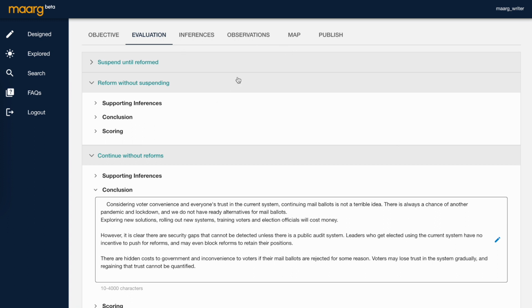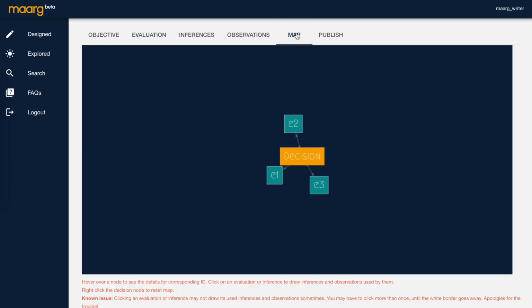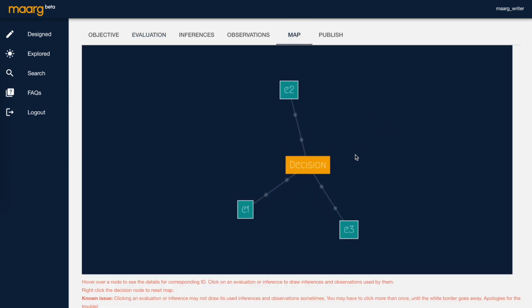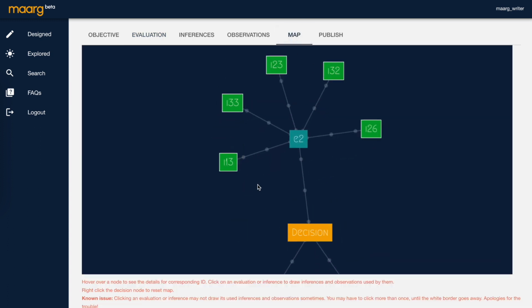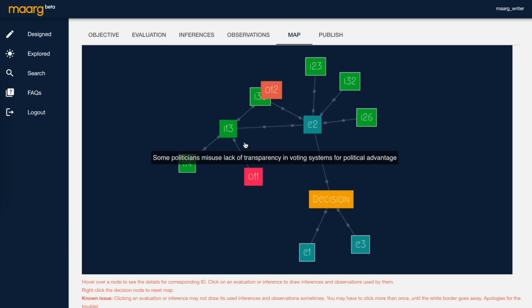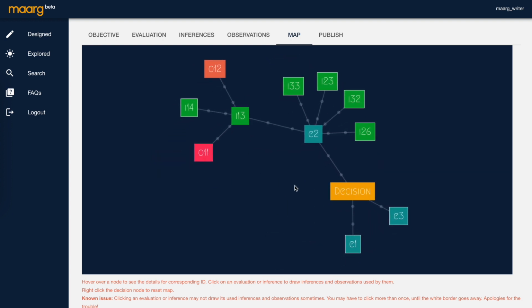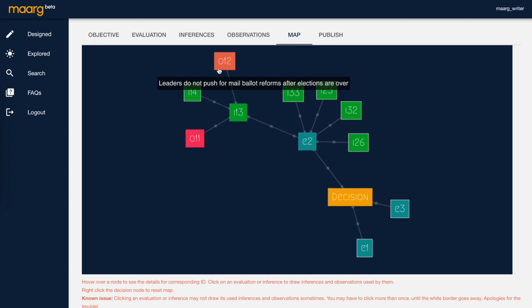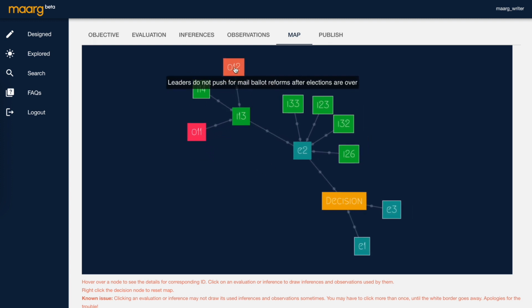While writing, you can also see a visual representation of your mark and the path taken from observation to evaluation. So, obviously, when you are writing a mark, you are ensuring that you are basically agreeing with everything. But out here, you can also see that this particular observation, O12, is basically an opinion.